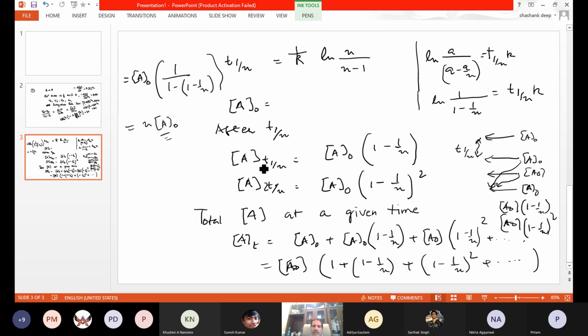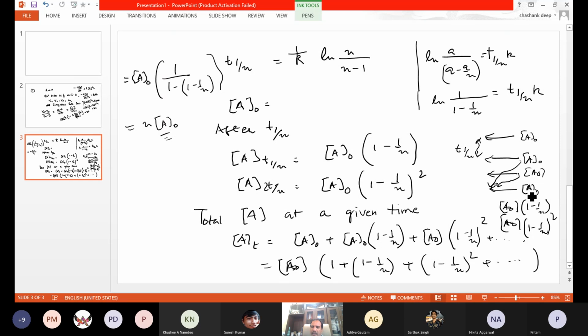Simply, you know that A at T1 by n. So suppose here I am taking it. From this to this step, we are looking at the effect of this dose, A naught. So that will be A at T1 by n is 1 minus 1 by n. For this dose, looking at this time period, meaning 2t by n, so a naught times 1 minus 1 by n square. Am I right? And suppose I am calculating at the fourth step.